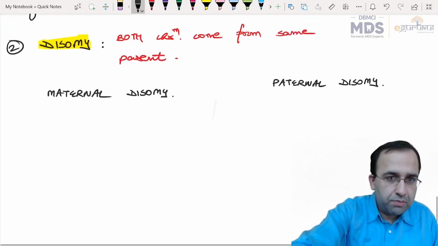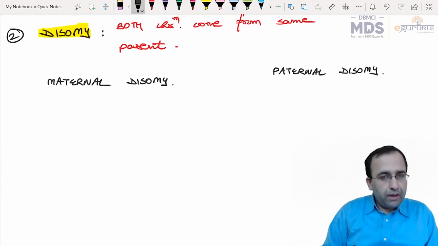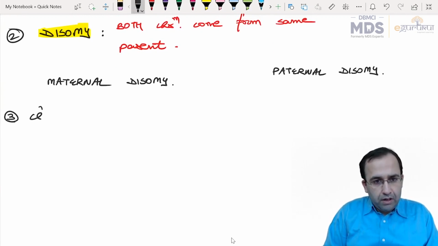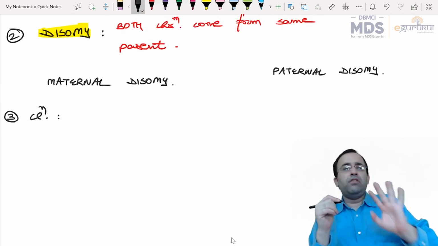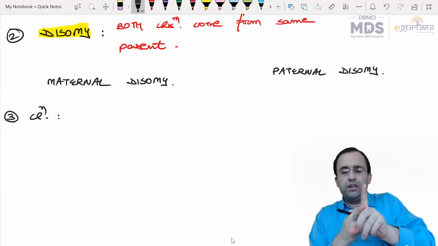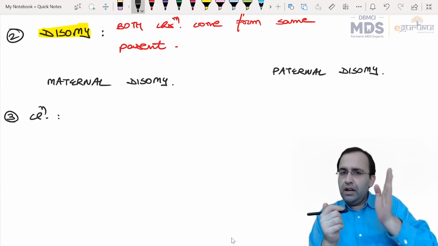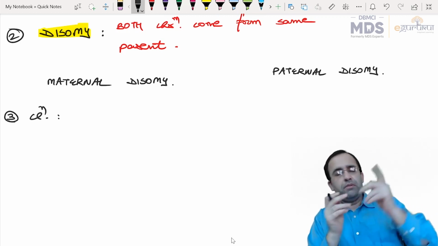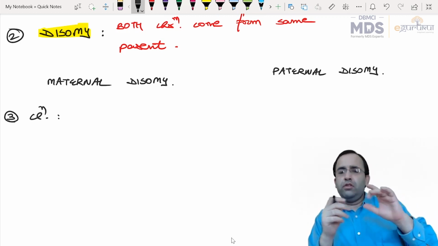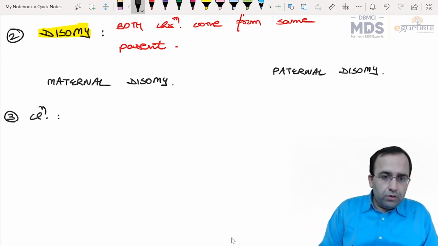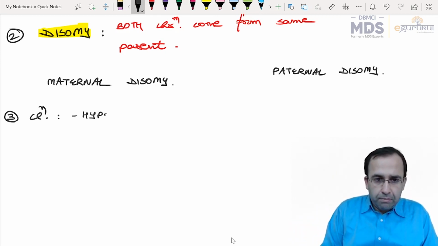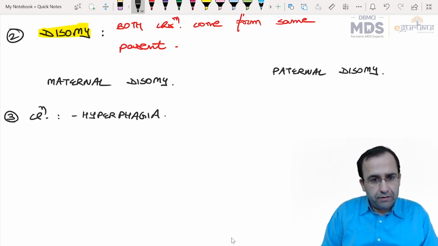Next point, clinical features. Continuing the same table, let us start with Prader-Willi. Prader-Willi syndrome was maternal imprinting plus paternal deletion. Remember, P and P do not go together. So if mother is sleeping, we sit in front of TV and order food whole day. So it is associated with hyperphagia. Remember it like a story, you will never forget it.